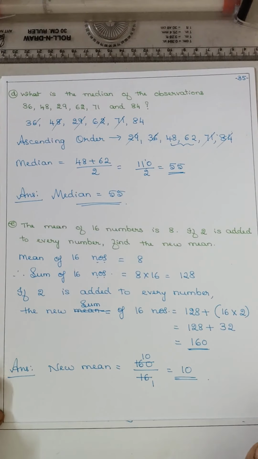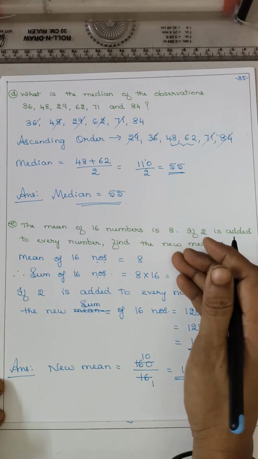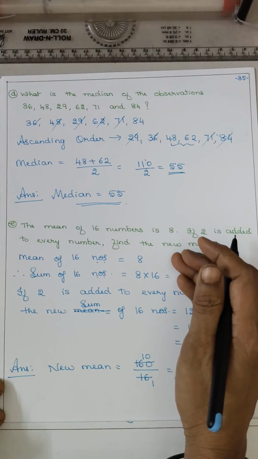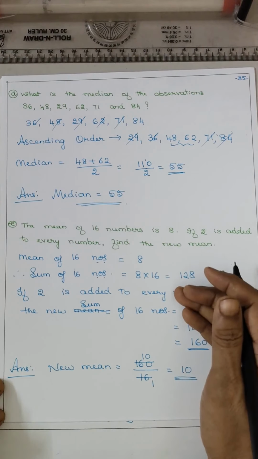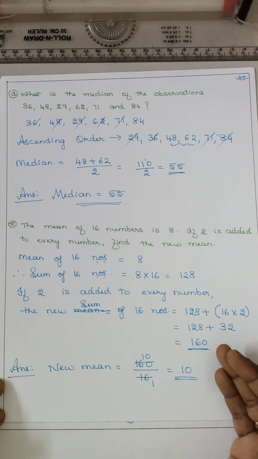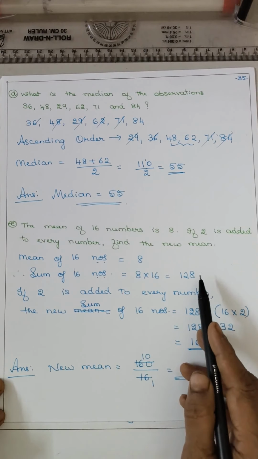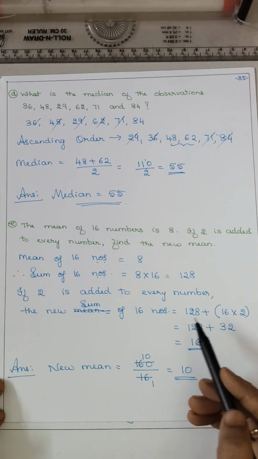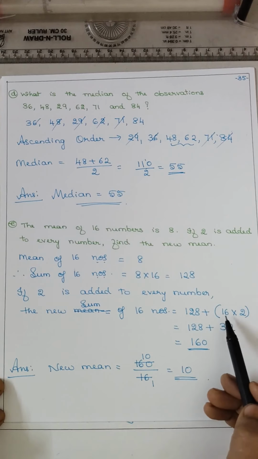Understood? So mean of 16 numbers is 8. Find the sum of 16 numbers. 8 into 16, 128. If 2 is added to every number, the new sum of 16 numbers will be original sum 128 plus numbers total 16 are there.